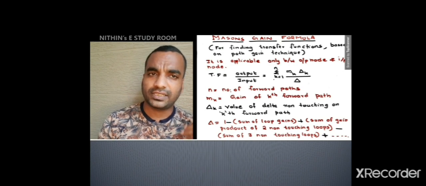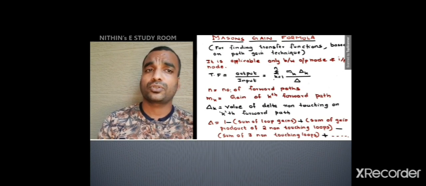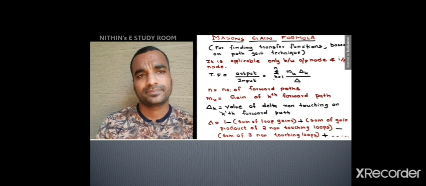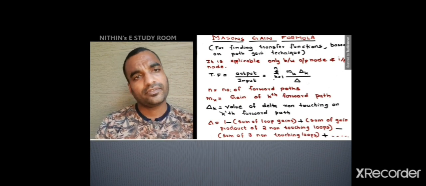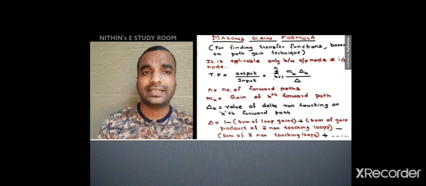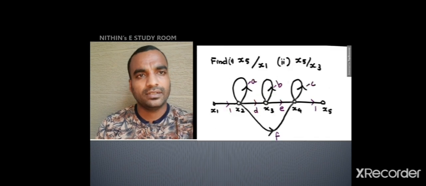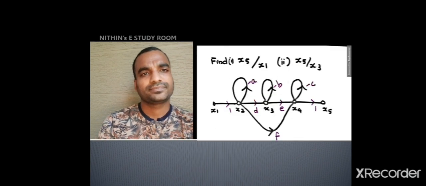After that, if there is another term like a fourth non-touching loop, you have to put minus. So what is the non-touching term? That we have to analyze based on some example, then only it will be clear. Okay, so we can take an example for that.